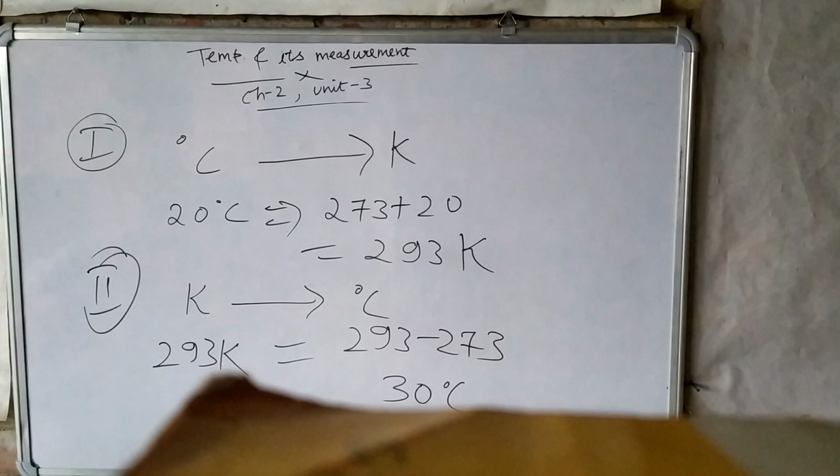So, a clinical thermometer is used to record temperatures from 35 degrees Celsius to 42 degrees Celsius.